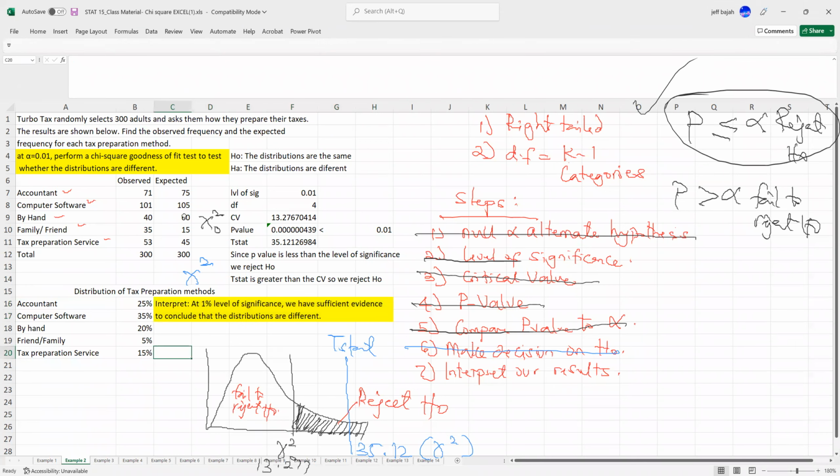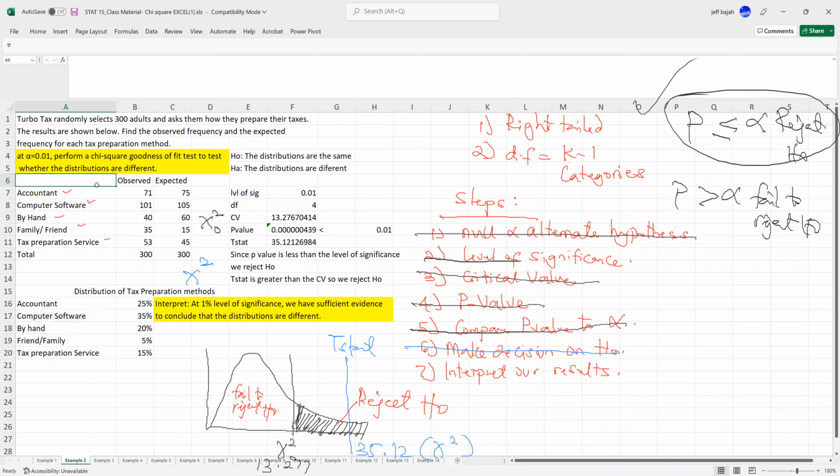The whole essence of the goodness of fit method is that a known distribution is provided.